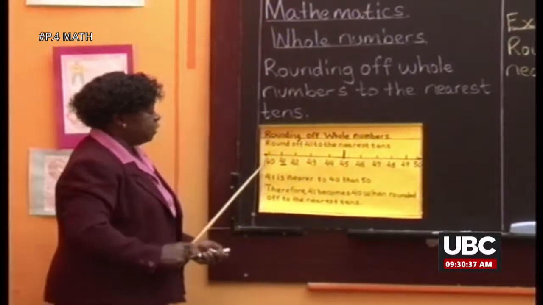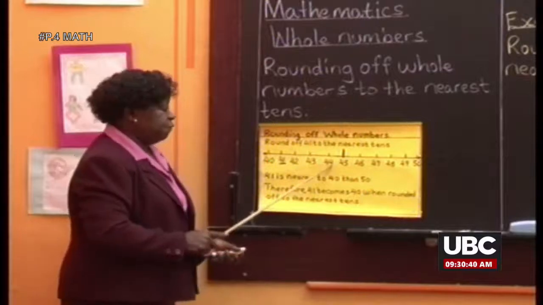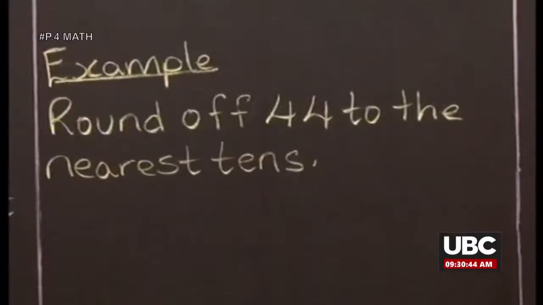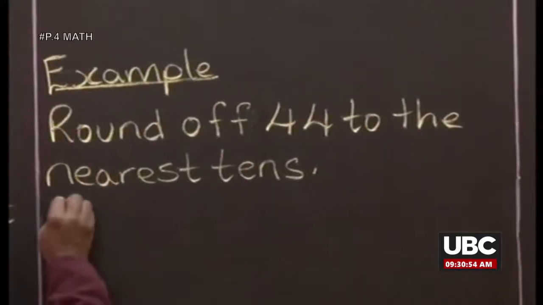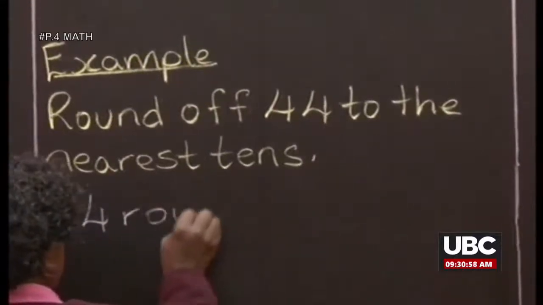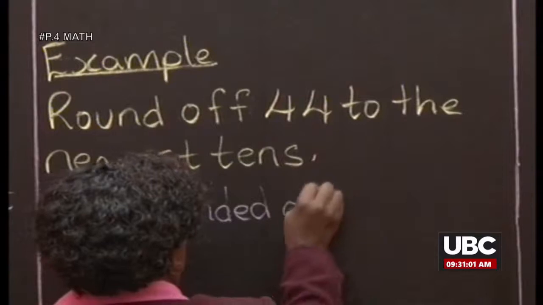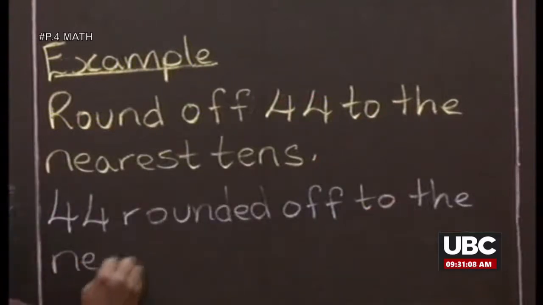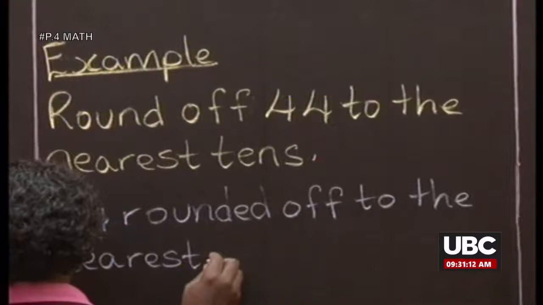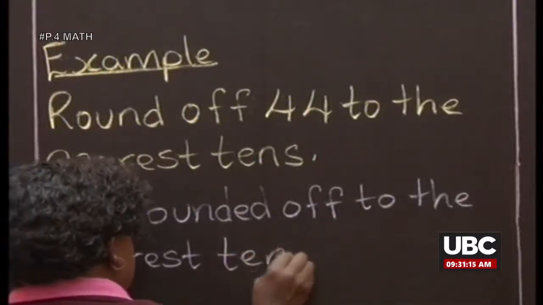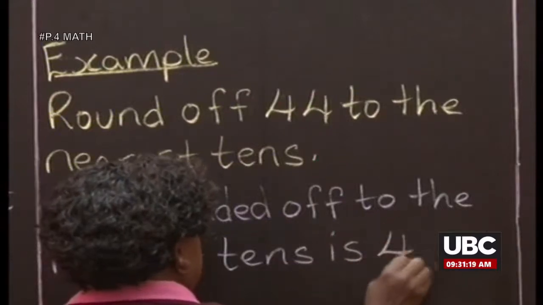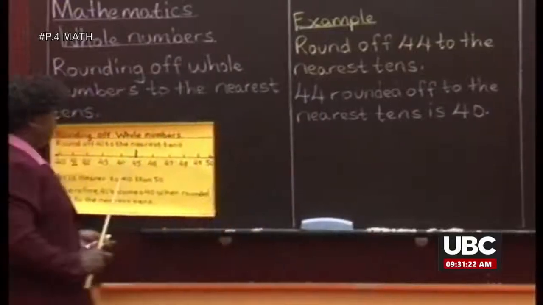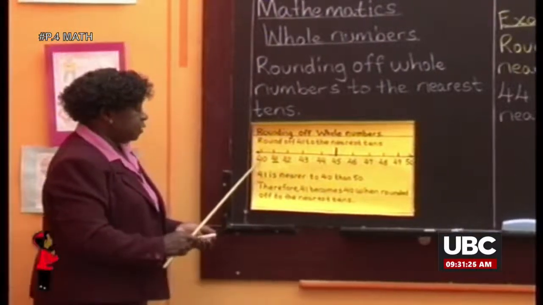Is 44 nearer to 40 or 50? 44 is nearer to 40 than 50, and therefore 44 rounded off to the nearest tens is 40.